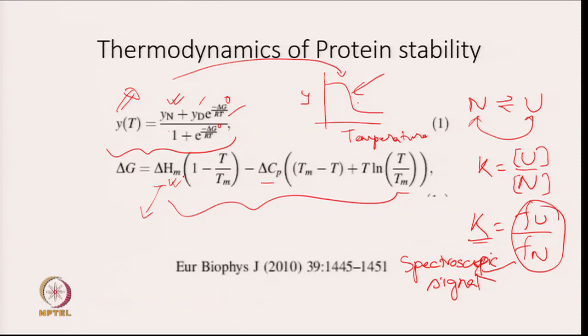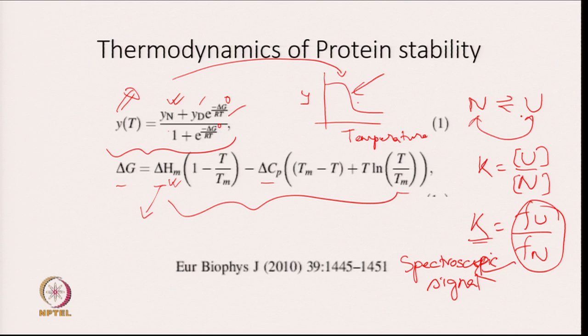We already know delta G at a certain temperature T. So, now we have delta G at a given temperature and delta H at a given temperature. So, we can know delta S at the given temperature, and so we can tell whether this process N to U, if it is spontaneous, is driven by entropy or by delta H, that is, by enthalpy.